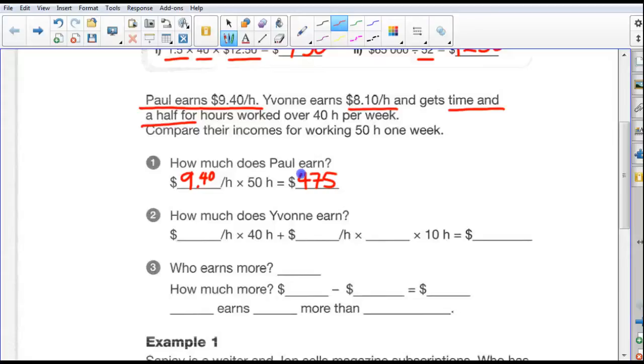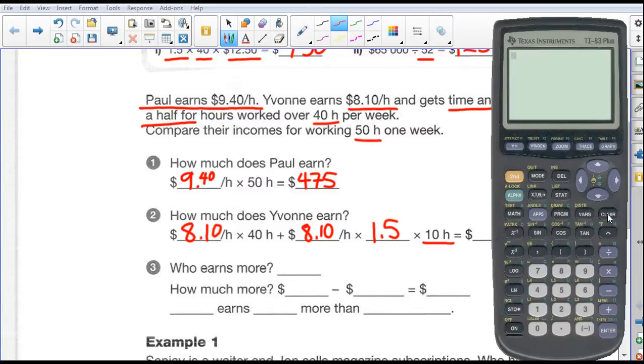Well, we know she's making $8.10 per hour times 40 hours, plus she is making $8.10 per hour times 1.5 times 10 hours, because there's 50 hours total. Anything over 40, she's making time and a half, which is 50 minus 40 is 10. So let's do the math on that one.